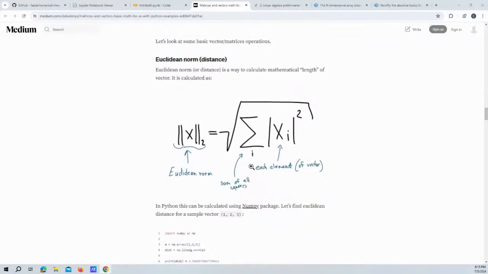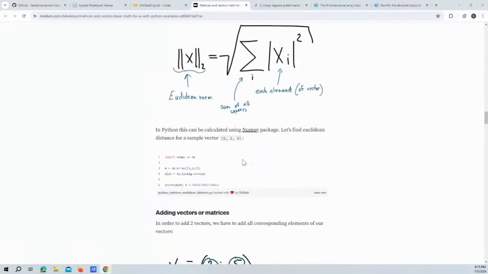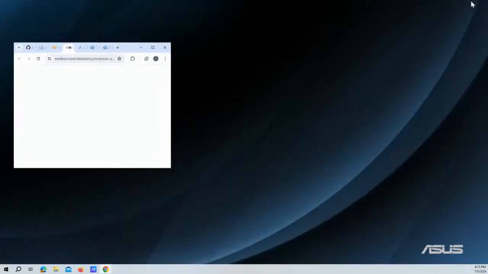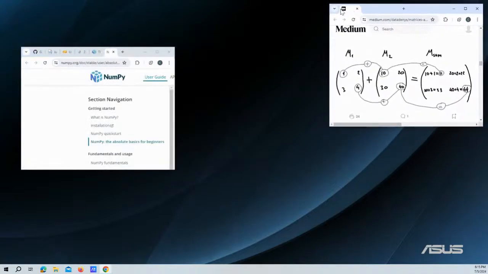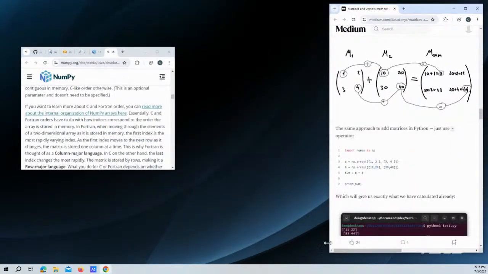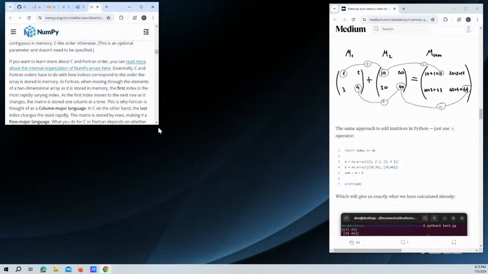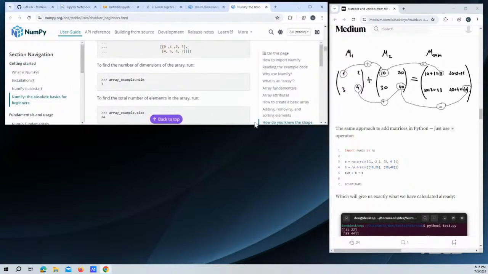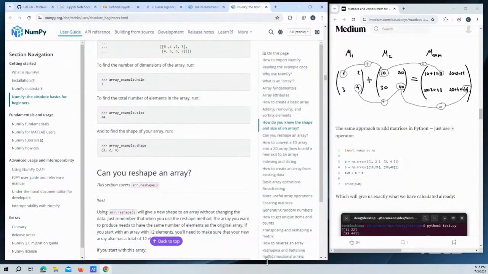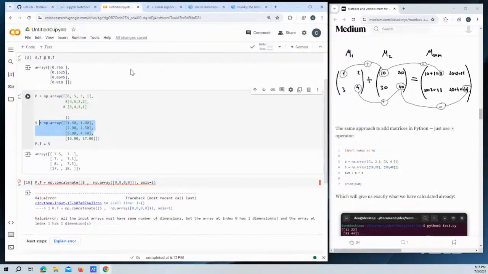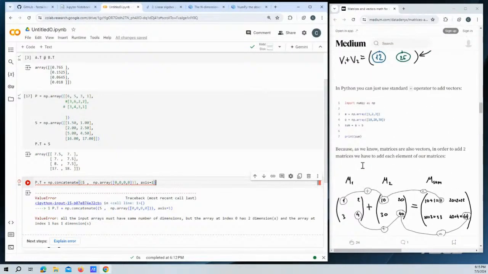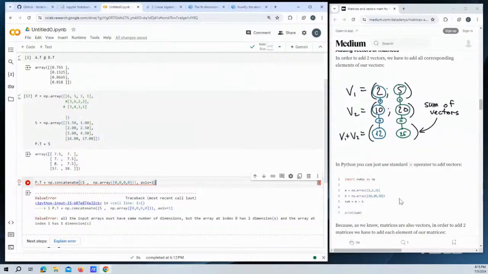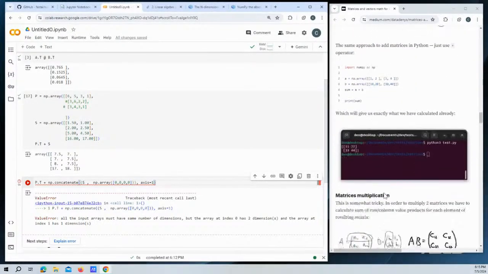But Euclidean distance, length of the vector. So let's do this. Let's find the Euclidean distance of the arrays already in there. This is simple adding. They have to be the same shape to be added together.